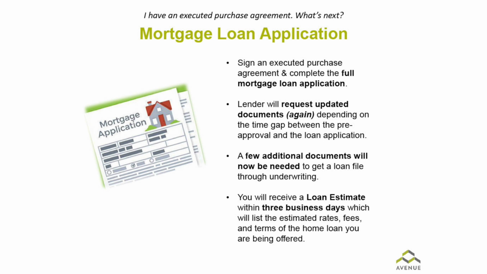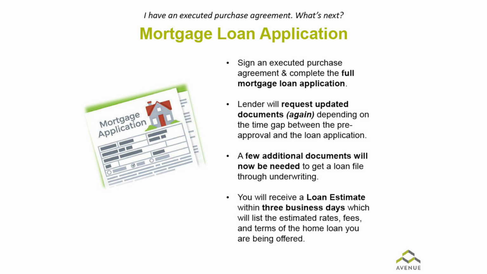You're going to receive a loan estimate within 3 business days, which will list the estimated rates, fees, and terms of the loan that you're being offered. Next screen. The loan estimate. What is a loan estimate?